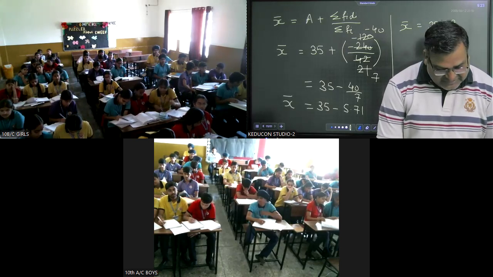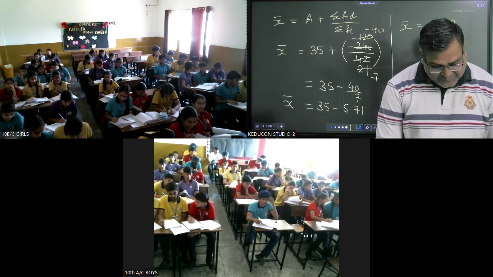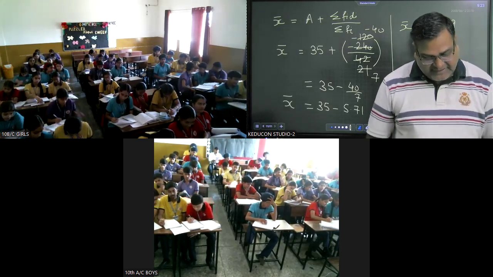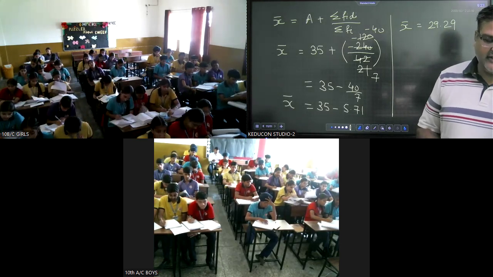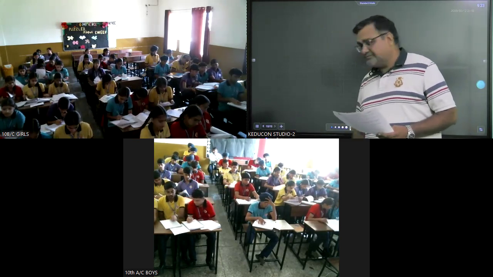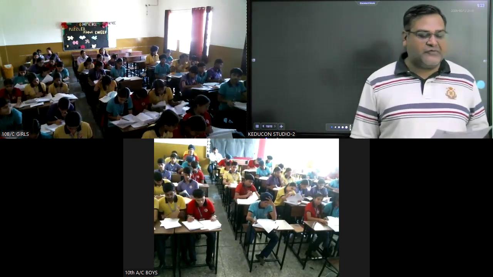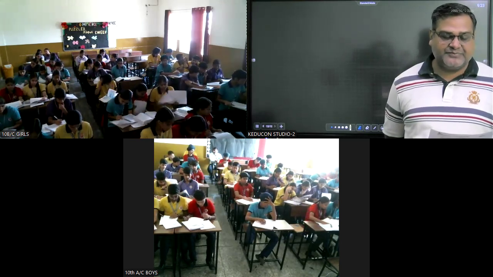So the assignment which I have given, you can do question number 18 in the assignment, students. The last question in the assignment, please open your assignment. On annual day of a school, 400 students participated in the function.